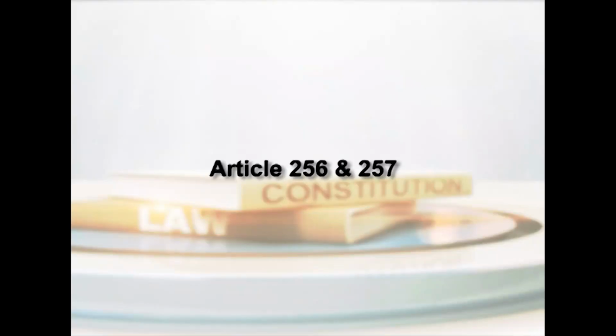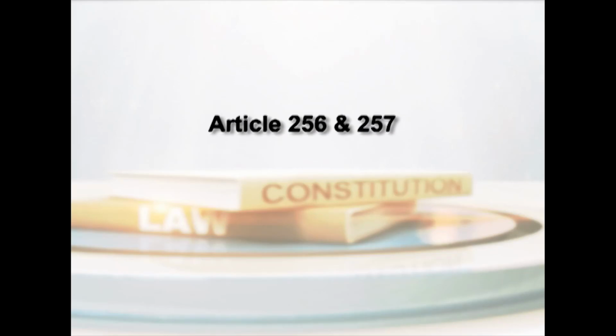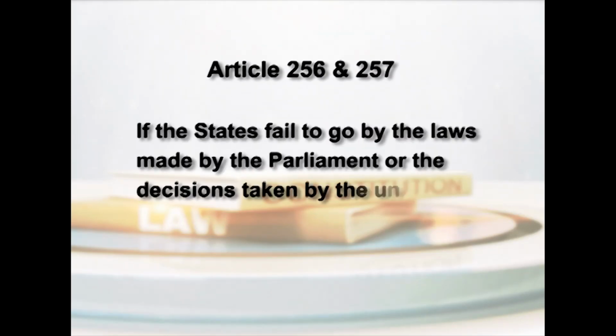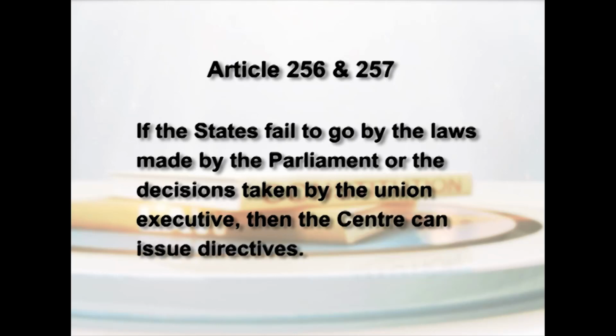If there is any sort of deviation, that is, if the states fail to go by the decision of the center, that is, laws made by the Parliament or the decision taken by the Union executive, then in both cases the center can issue directives.